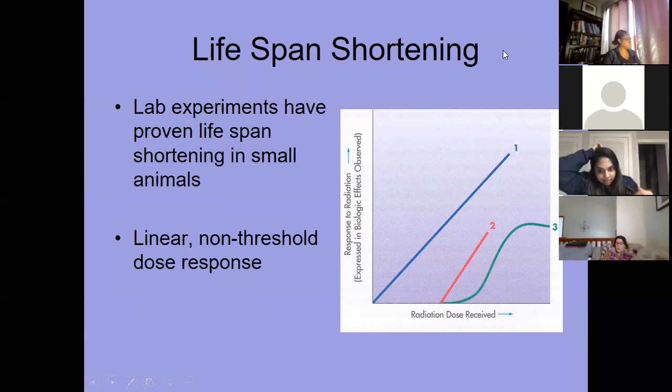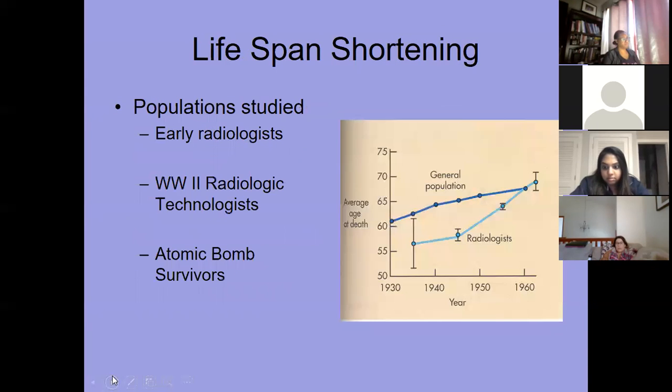The question is, can we extrapolate the information from these laboratory studies in rabbits and probably mice as well to humans? And the answer is, well, we don't know, but we'll look at some history and see what has happened.